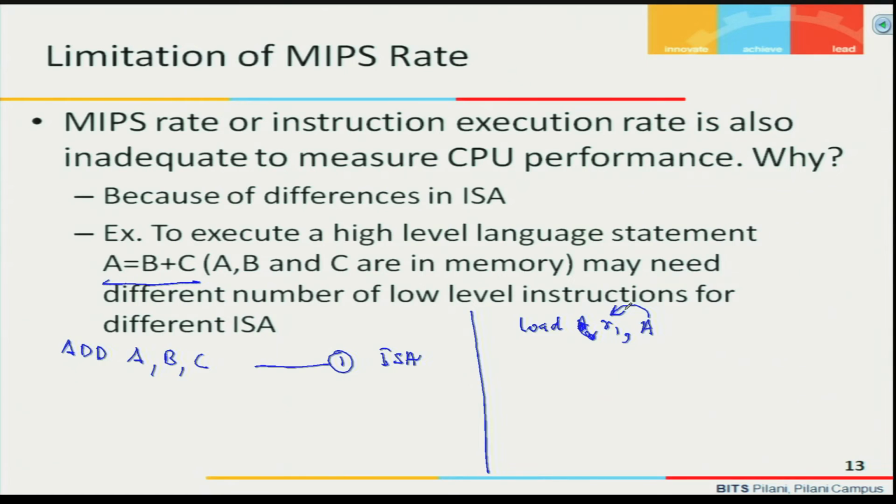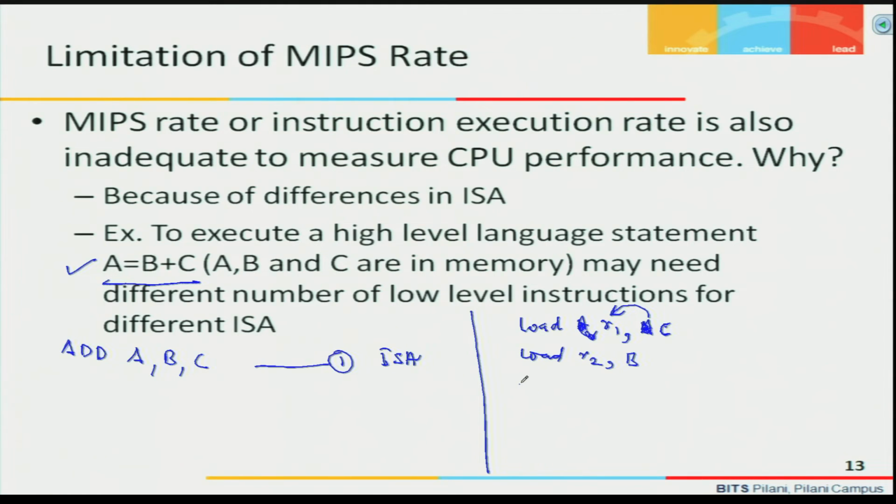So the contents of memory location A are loaded into R1, then the content of memory location B is loaded into the R2 register. Now these two operands are available. B and C are operands, so I should say here this is C and this is B. A is my final destination as per this statement, so I should follow this.